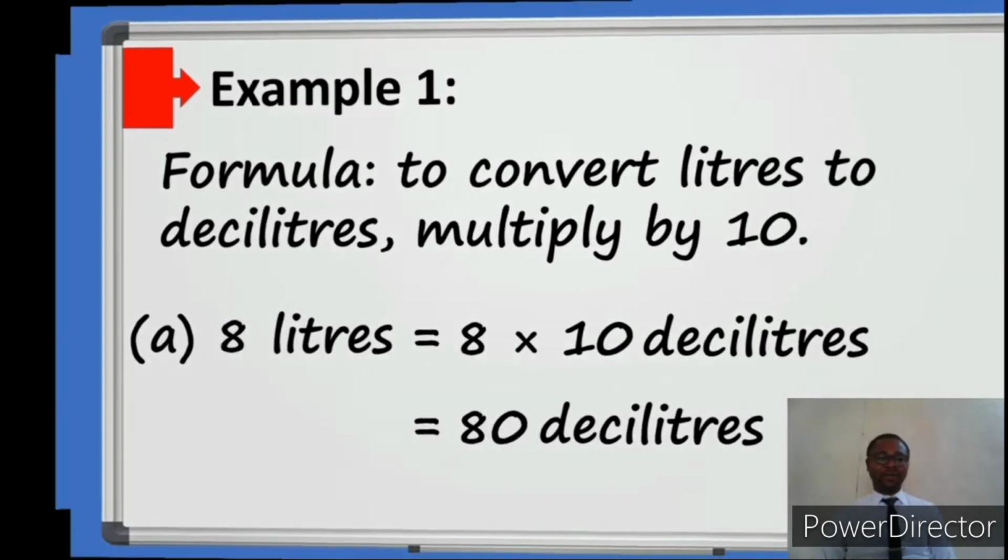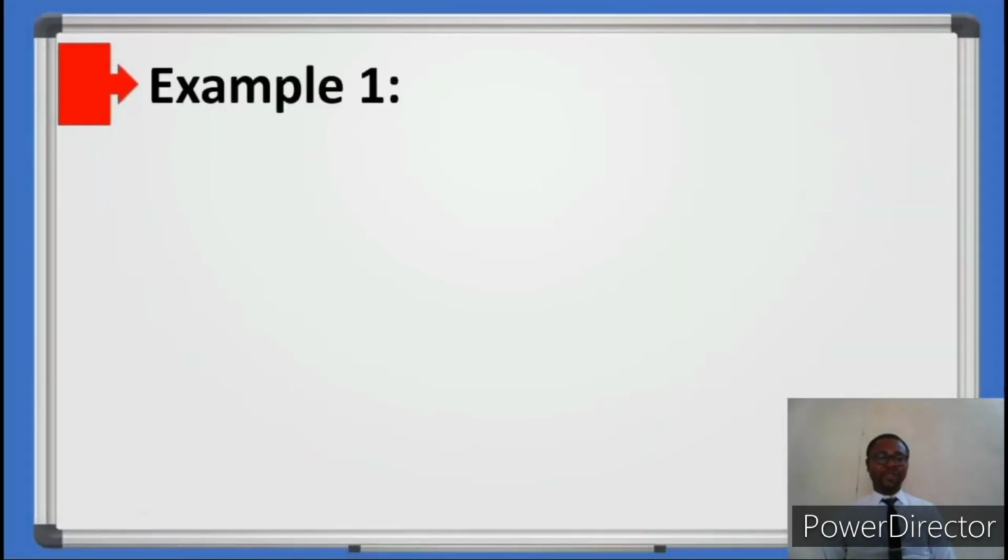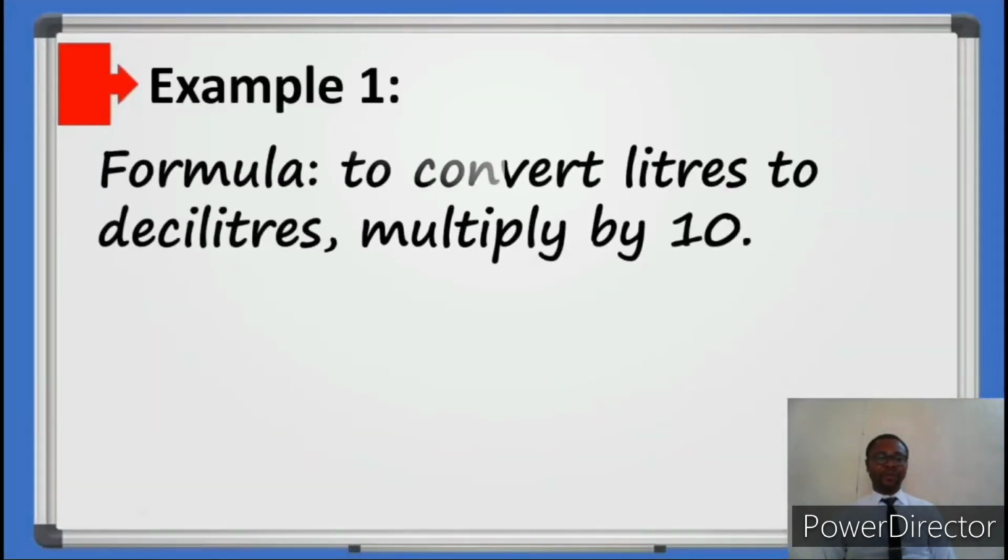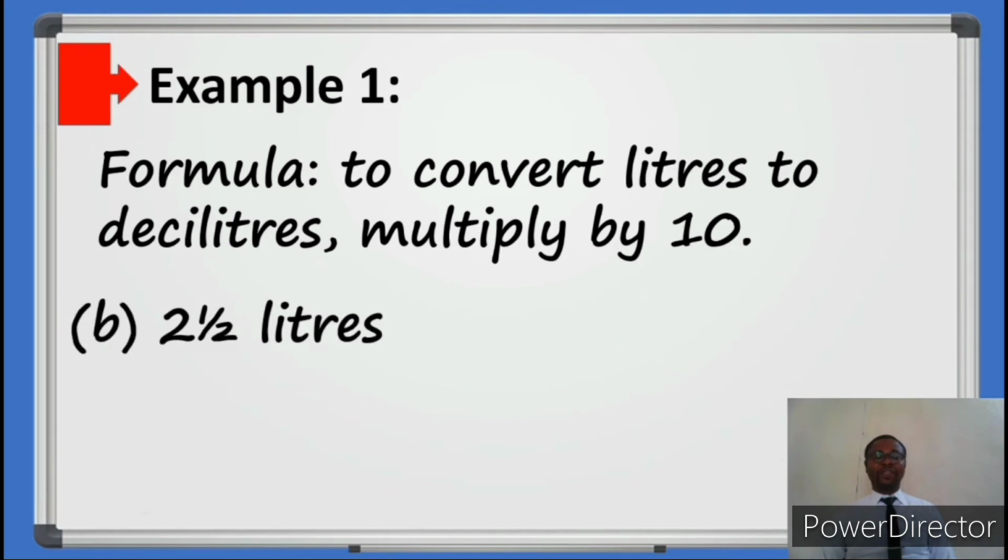Let's look at the second one, example 1b. Still applying the same formula. To convert liters to deciliters, multiply by 10. So now we have 2.5 liters. Now this is a mixed number.